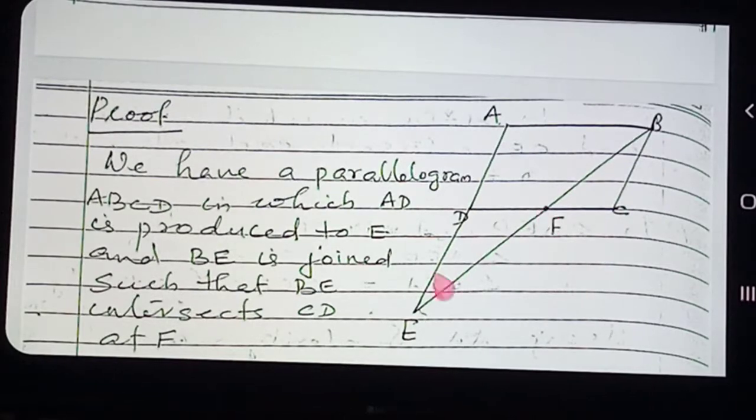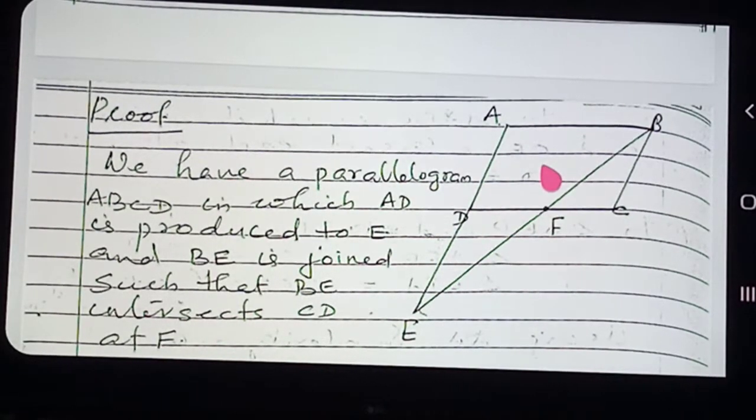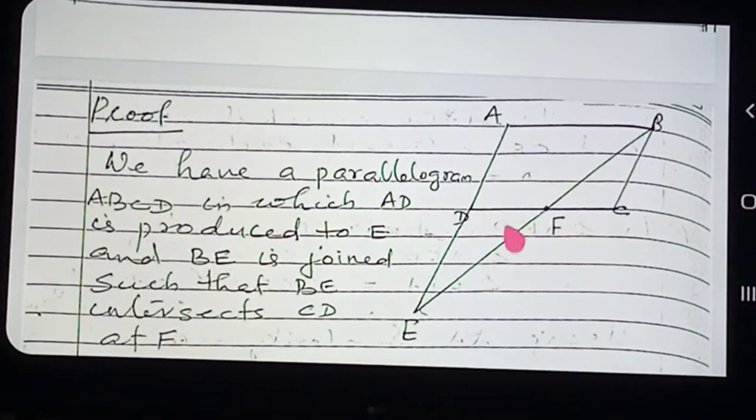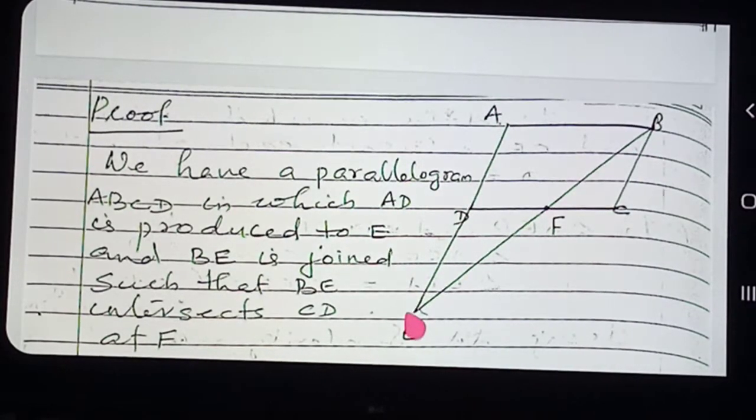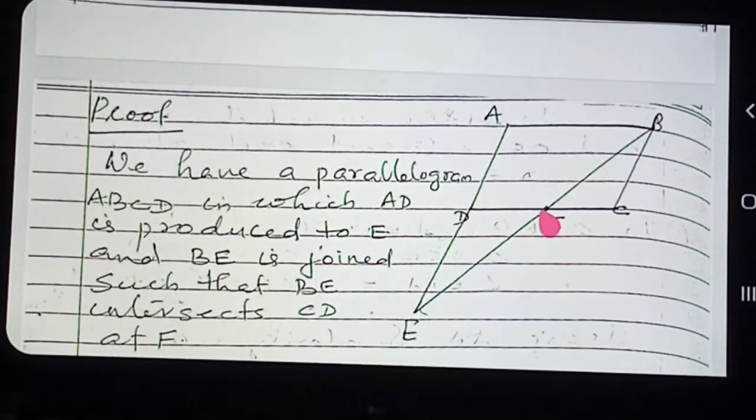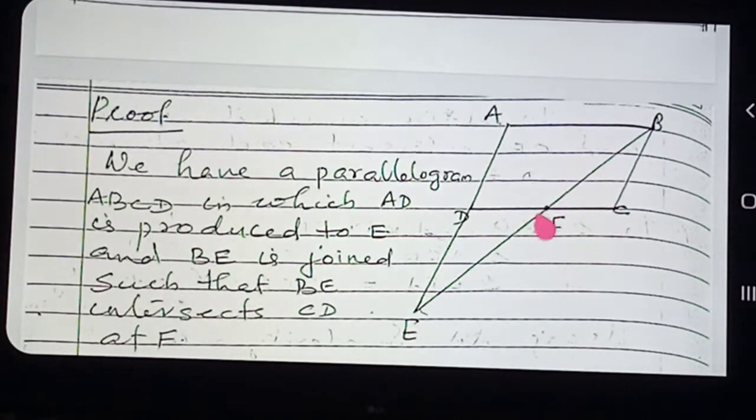F. Okay, see the diagram. Are you getting it properly? ABCD is a parallelogram, AD is produced to E.